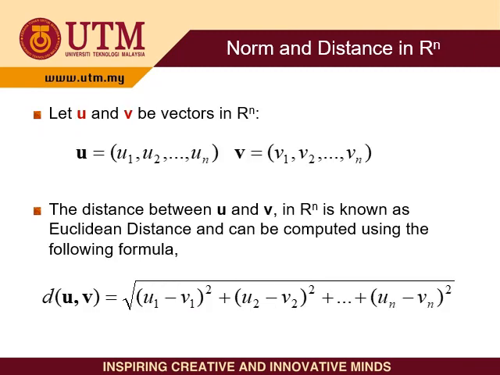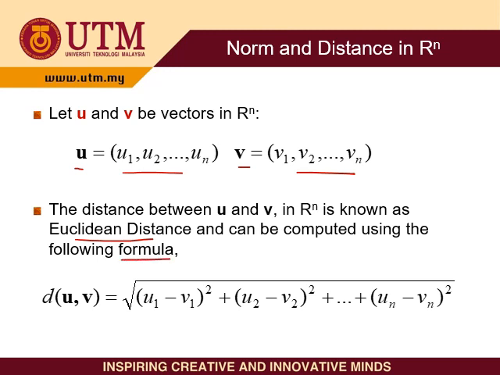Let U and V be vectors in Rn. So we have U here, which is U1 until UN, and we have V, which is V1 until Vn. So the distance between U and V in Rn is known as the Euclidean distance and can be computed using the following formula.